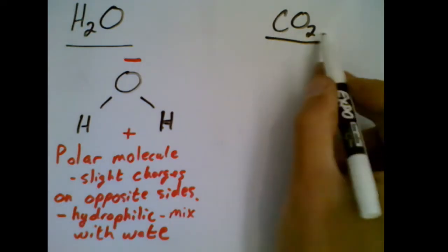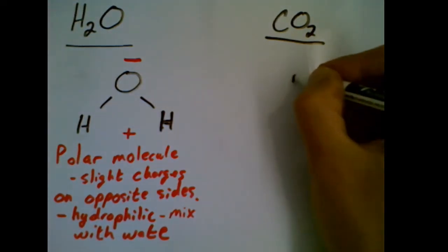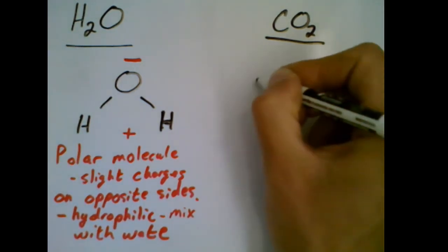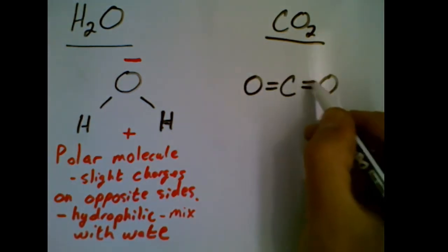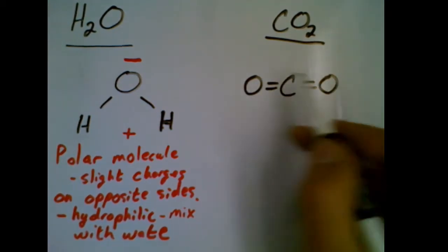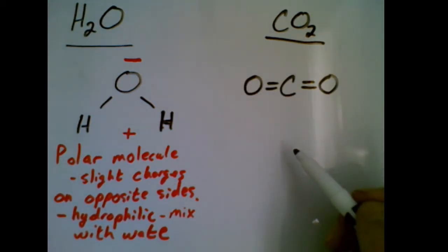On the other hand, there are types of molecules that are called nonpolar. A really good example of something that's nonpolar is carbon dioxide. You see carbon dioxide. Now, I'm going to draw it like this. You don't really need to know what these double lines are, but this is kind of what it looks like. It's the same on both sides of this molecule.